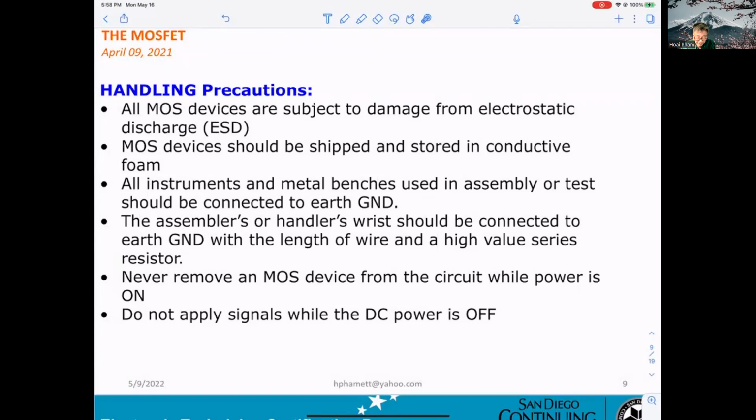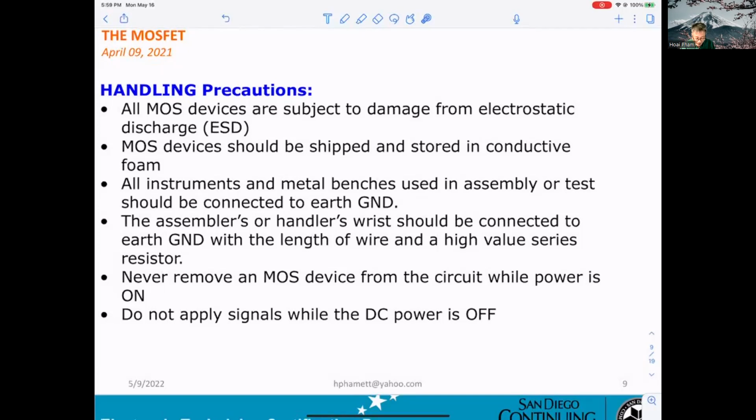The assemblers or handlers should be connected to the earth ground with a length of wire and a high-value series resistor. Never remove a MOSFET device from the circuit while power is on.